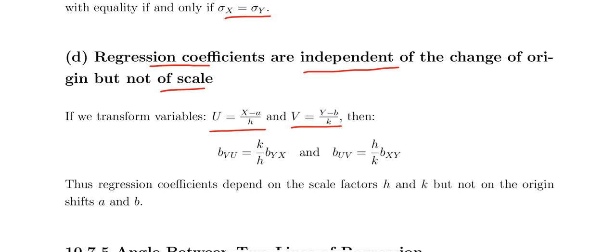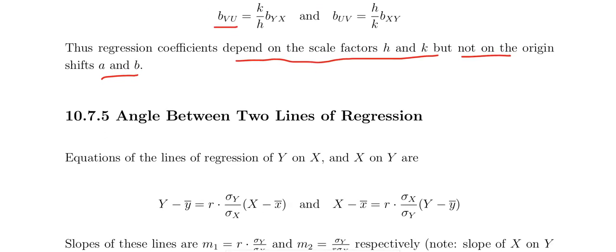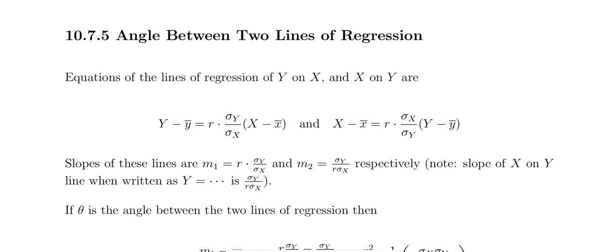The regression coefficients then become k by h times byx and h by k times bxy. So the regression coefficients depend on the scale factors h and k, but not on the origin shifts a and b.